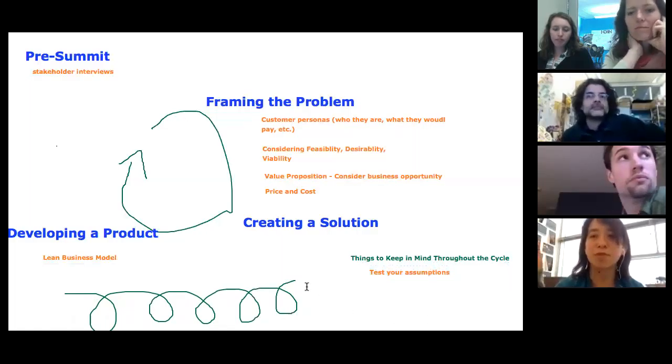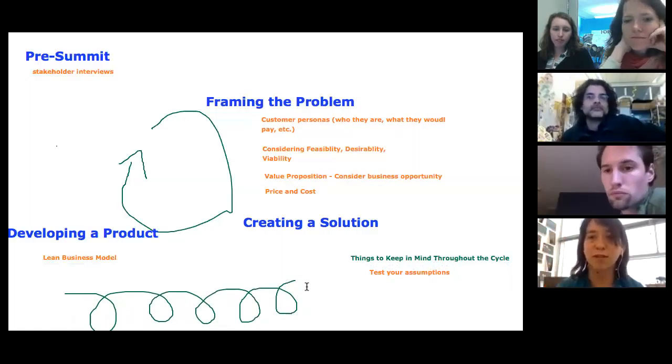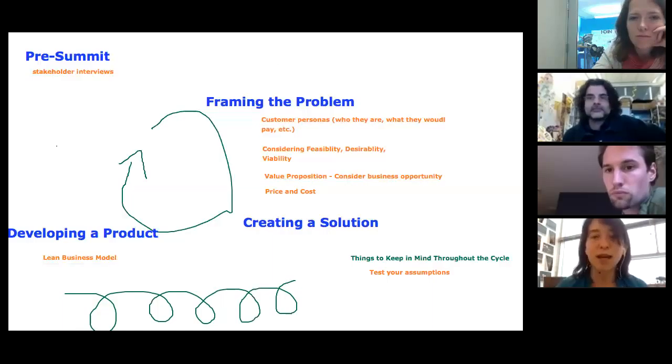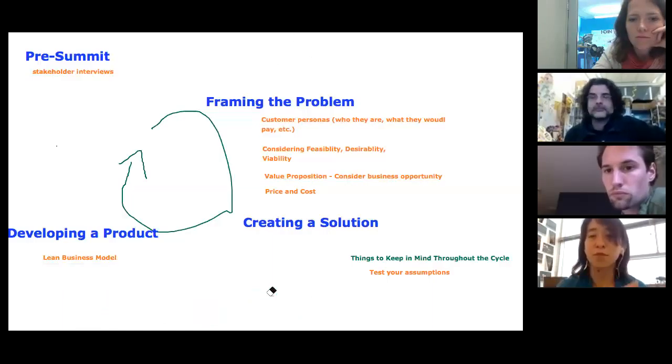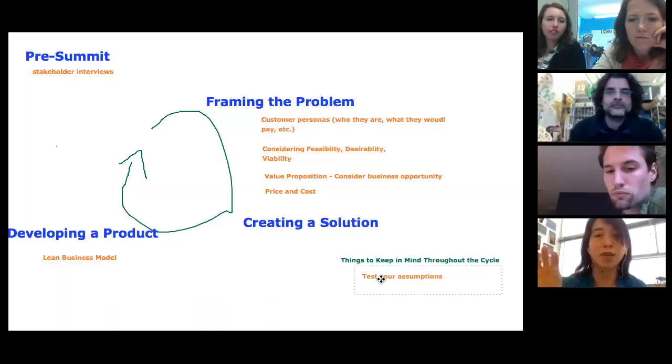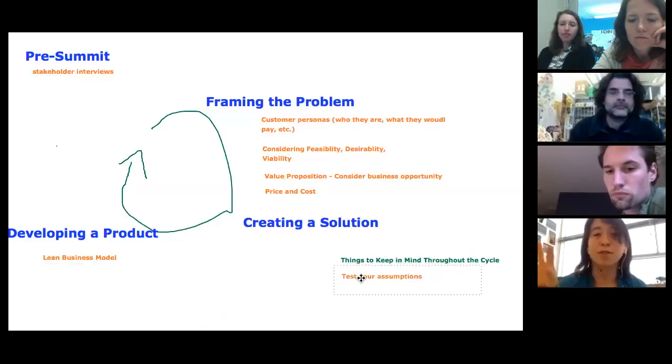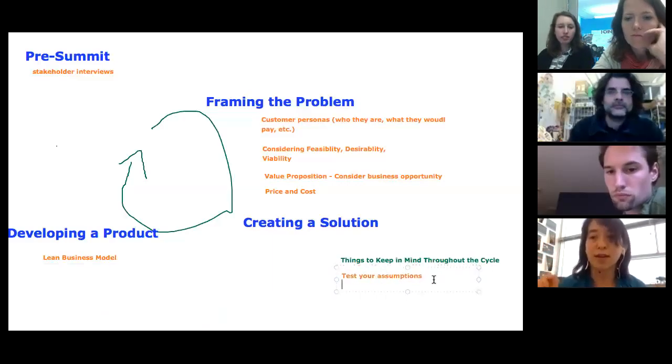And being able to extract all of the different components of those things that you don't know to be true that will affect whether or not your product or solution will be successful. And that could be assumptions around the technology. It can be assumptions around the problem itself. It can be assumptions around the users and their ability or willingness to pay.